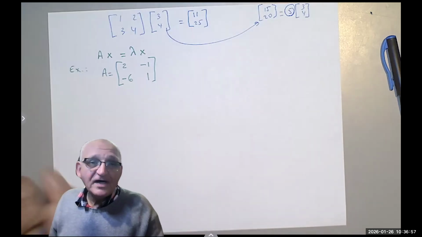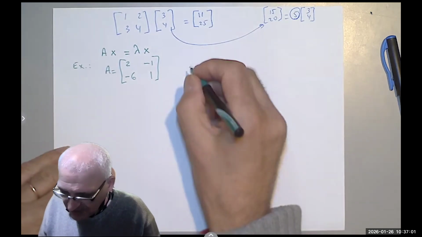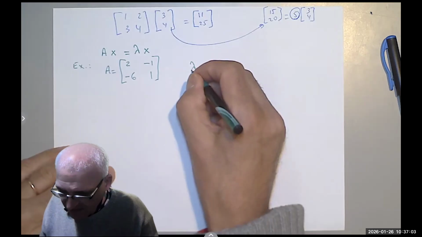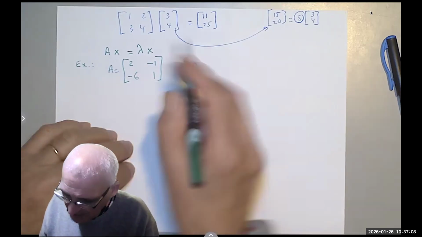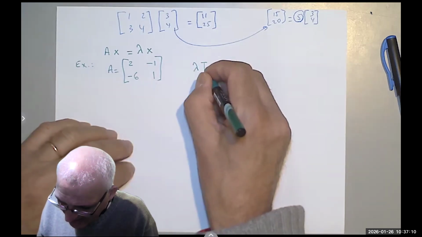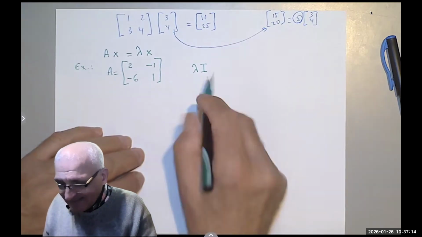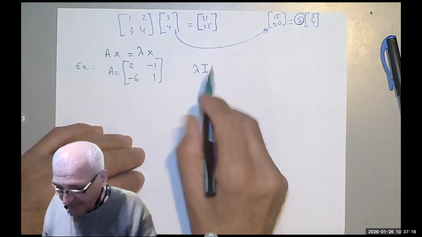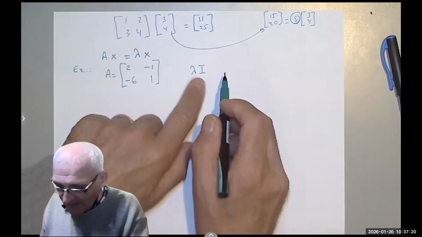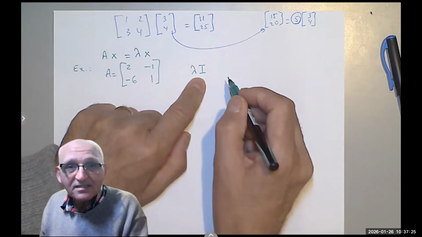So in order to find the eigenvalues, we do this operation. We say lambda, which by the way is the eigenvalue, multiplied by I. Why by I? Because I want to make a diagonal matrix that has ones along the main diagonal and zero elsewhere.